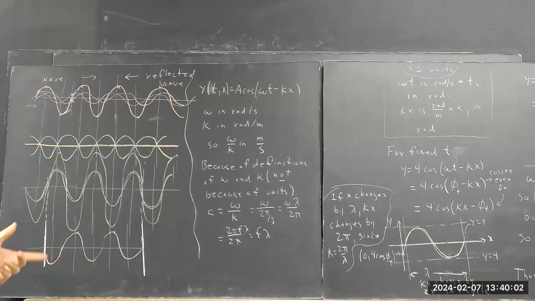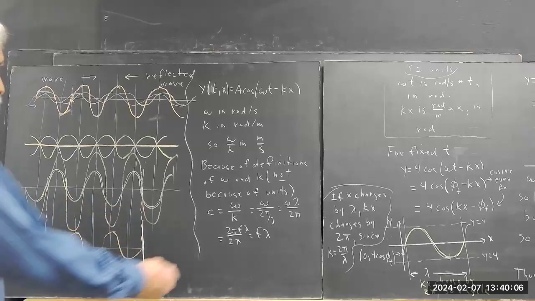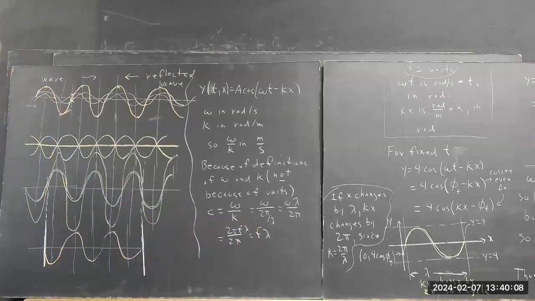Now, what this represents is a wave traveling to the right and a reflected wave coming from the left. Okay? And these waves are reinforcing between here and here.